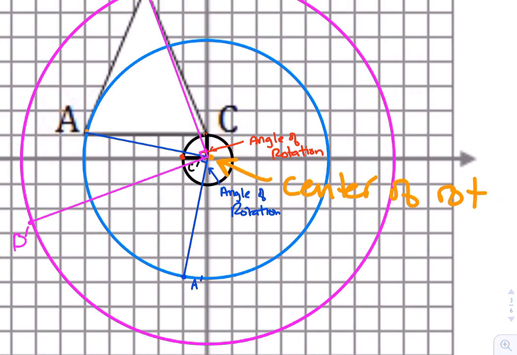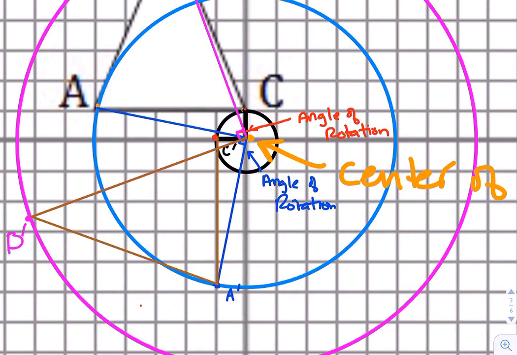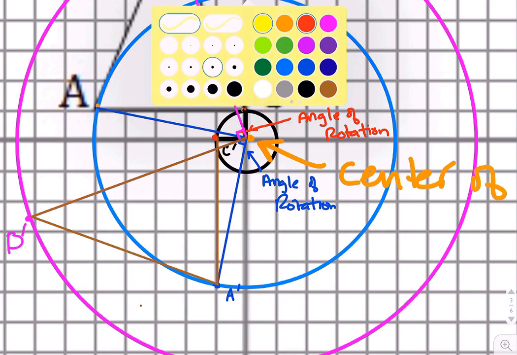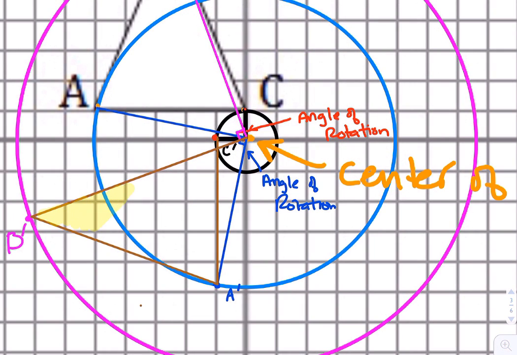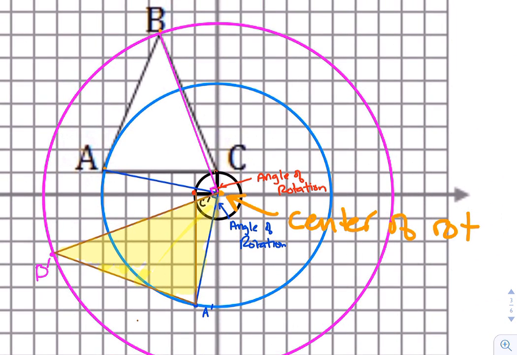And so if we connect all three of these points, we'll have our new triangle, our image triangle. And so this would be B prime, A prime, C prime. It's a little bit hard to see, so allow me to fill in the triangle. And so we rotated from the orange triangle to the yellow one.